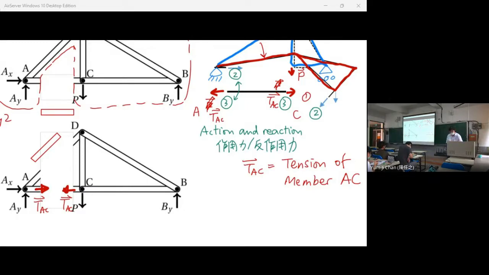We simply put a force here and here, and here and here. So how do we call this? This one is AD, right? So one is called TAD. So this one is TAD, and this one is TAD.